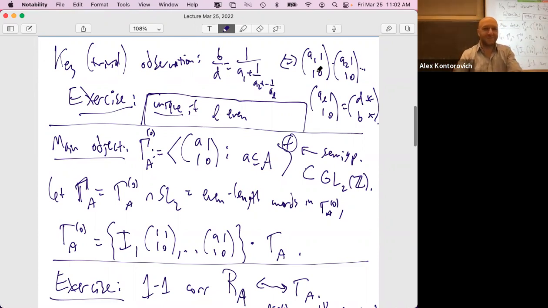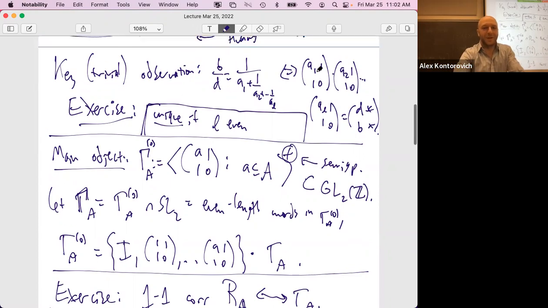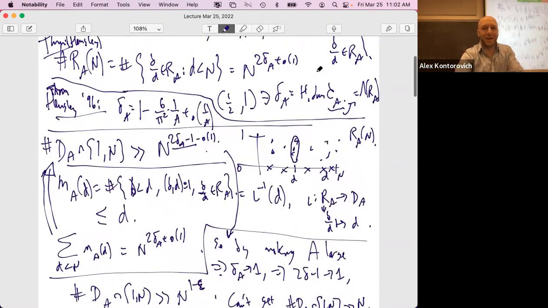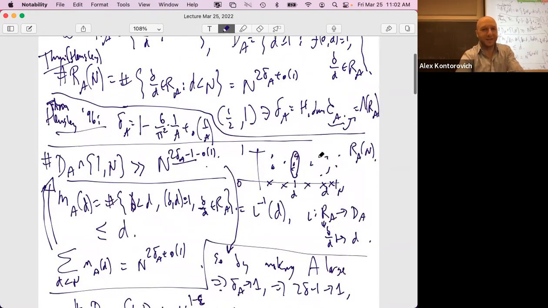And in fact, when you look at these, it's basically the same picture as this picture. If I let A go to infinity, I would just get the entire rectangle.